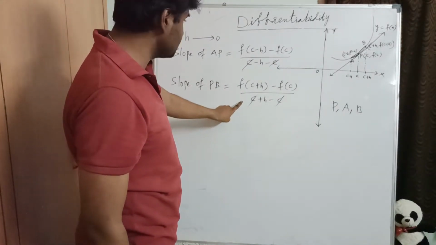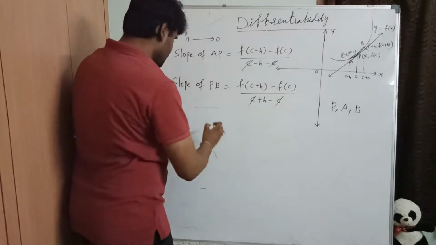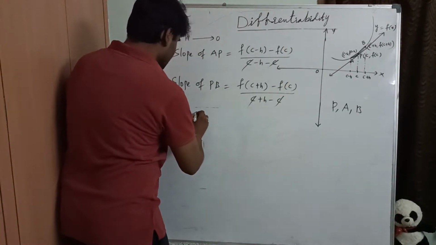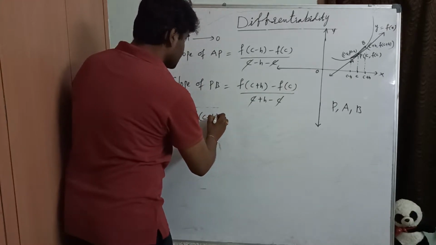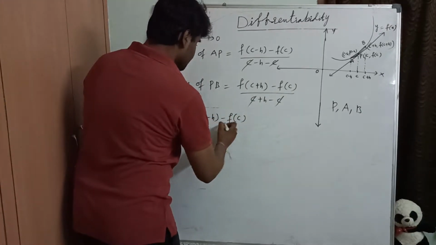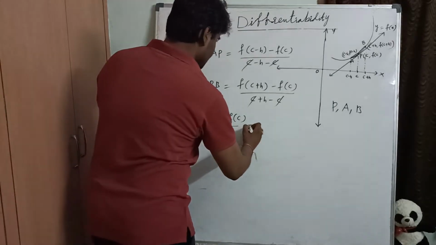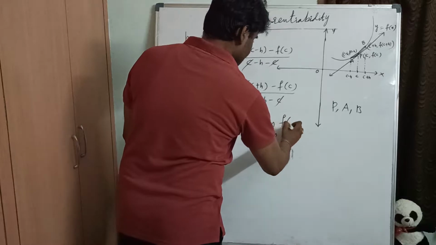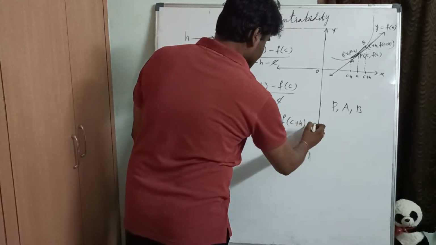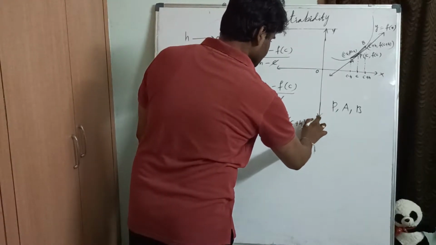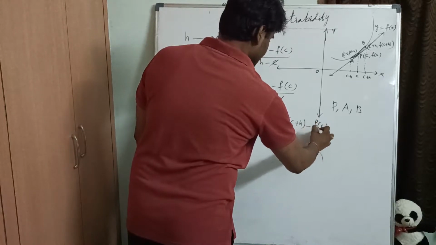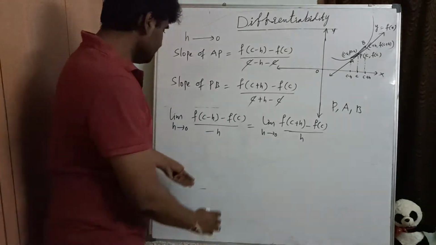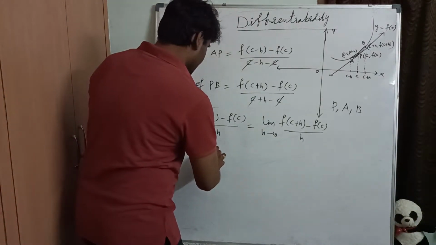When that is possible, as the limit tends to 0, f(c minus h) minus f(c) by minus h equals the limit as h tends to 0 of f(c plus h) minus f(c) by h. That's it. So this is LHD and this is RHD.